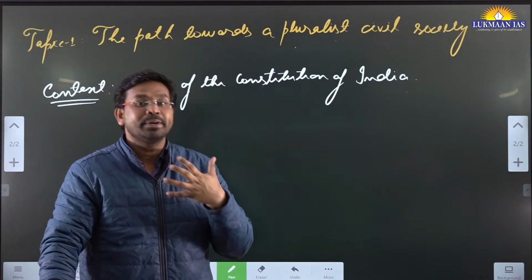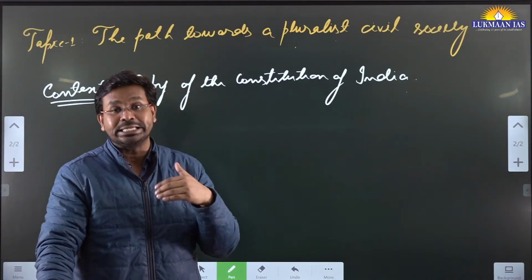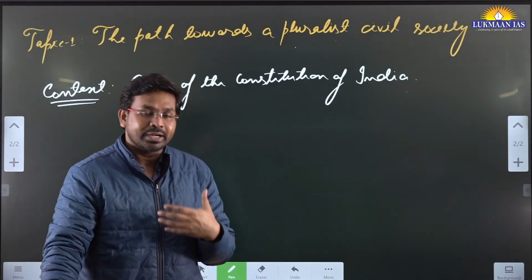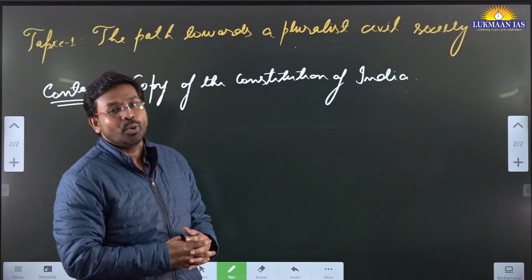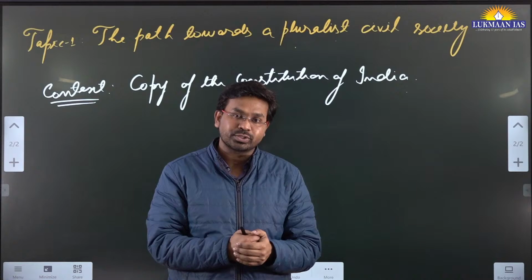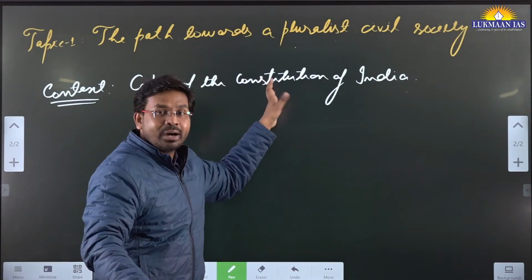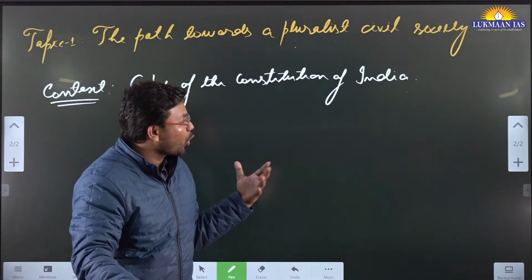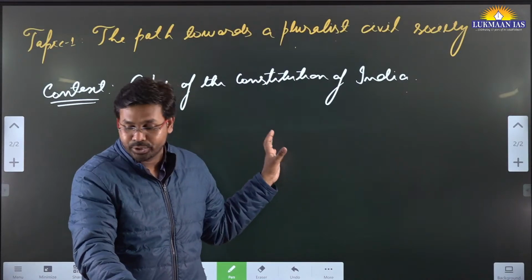It serves multiple purposes because it talks about the nature of polity that we have. We have a democratic country, a country that is run by the Constitution, with a parliamentary form of government. All of these things are mentioned in the Constitution of India.